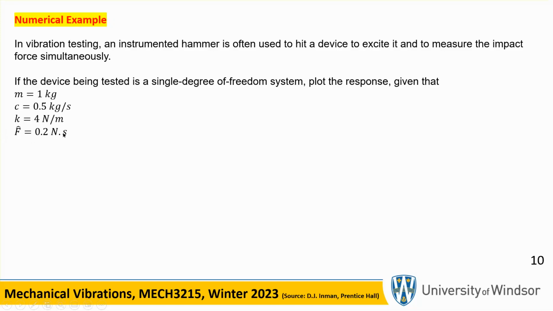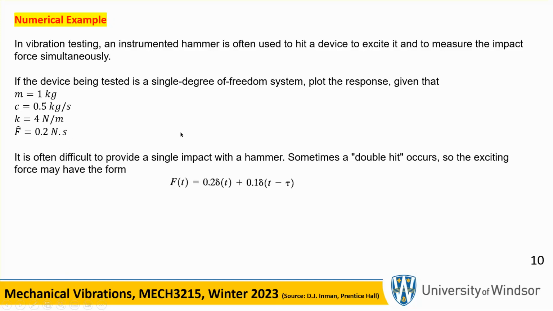In other words, when you hit it, the hammer tells us that the amount of impulse was 0.2 newton seconds. So if we hit it once, then f of t is essentially the first term here: we hit it once at time t equal to 0, and you get 0.2 delta t.